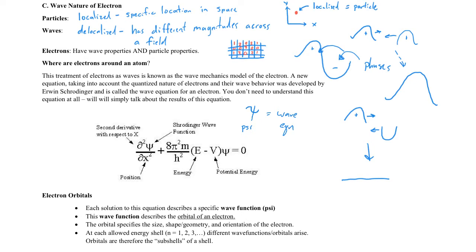Just like you might, if you've seen a function of x used to describe a regular function, psi is just like that. Psi is a function that describes a wave, and you can pass this function parameters just like you would any other function.